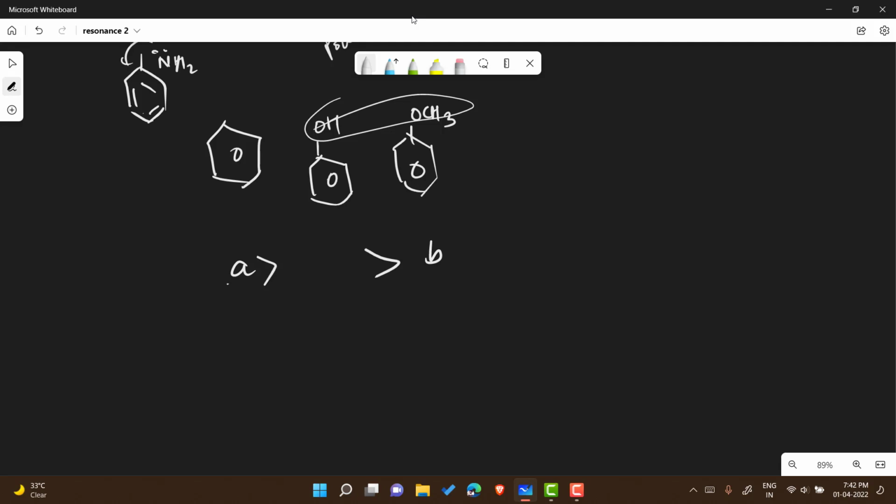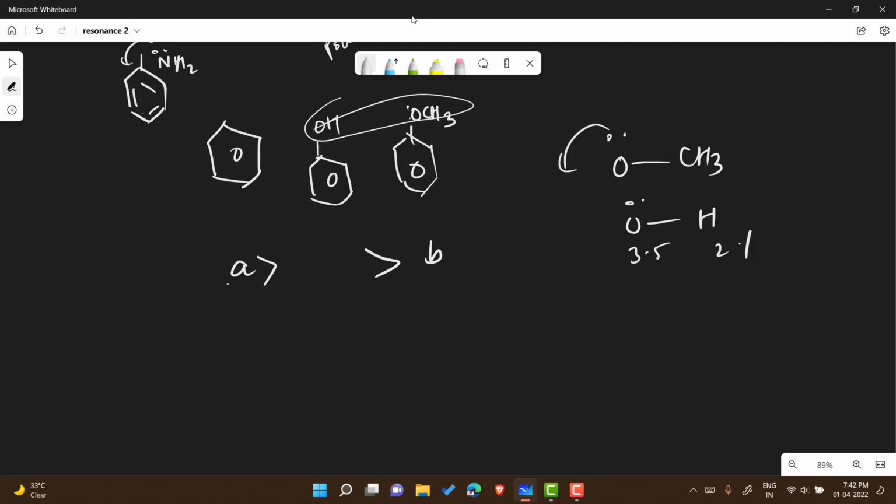But now the issue comes between C and D, how to check which one is better. Here we have one OCH3 and one OH. What we need is for these lone pairs to go really easily. But at the same time, here carbon is involved, so look at the electronegativity difference. Oxygen is usually 3.5 and hydrogen is 2.1.